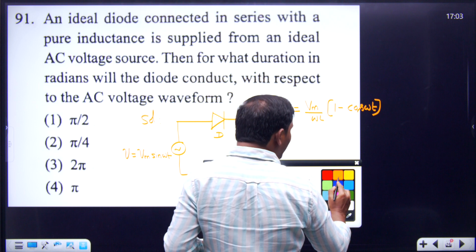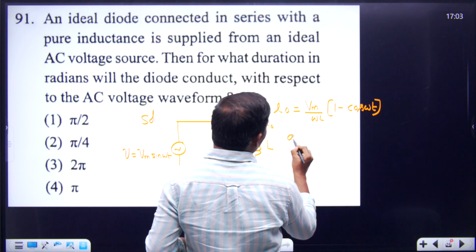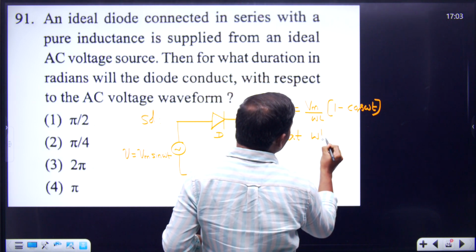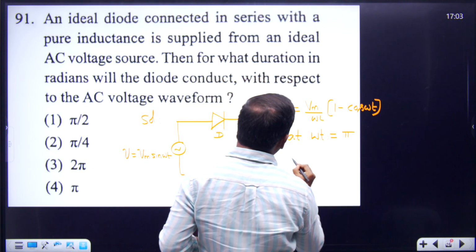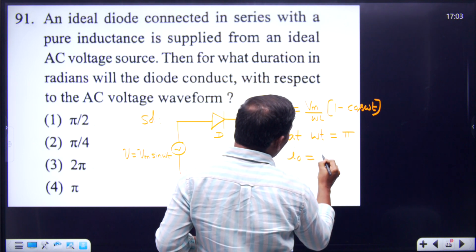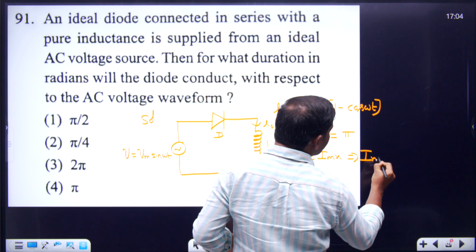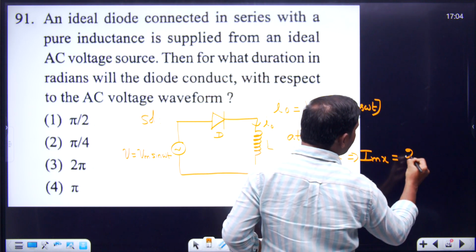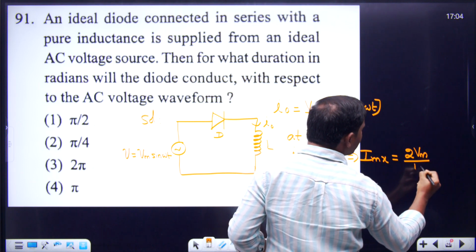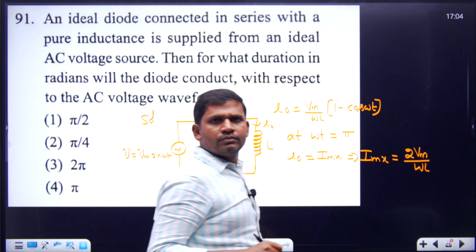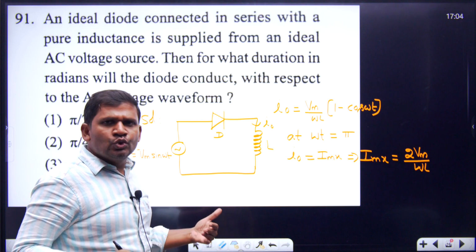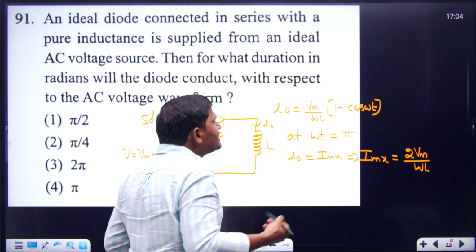Where is this current maximum, students? At omega t equal to pi, i naught equal to I max. Then what is this maximum current, students? This maximum current equals 2 Vm by omega L. Yes students, 2 Vm by omega L. This is the maximum current.